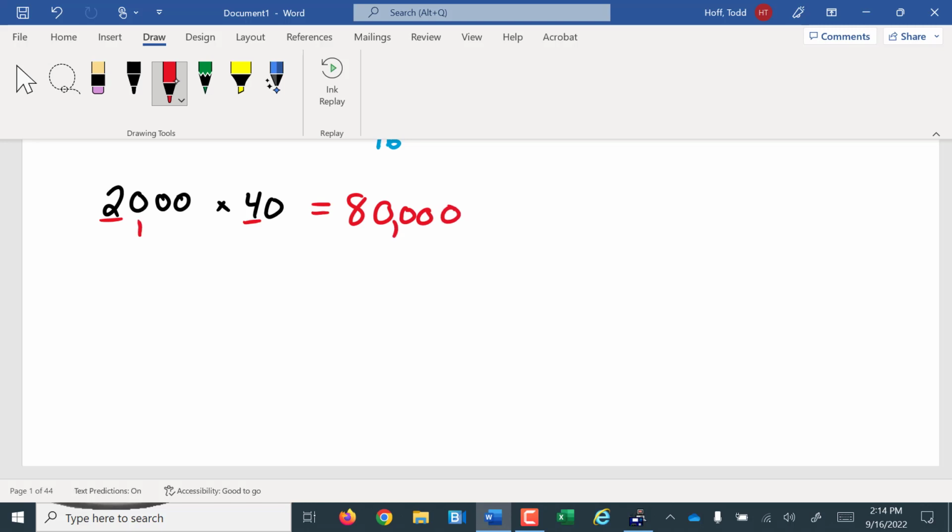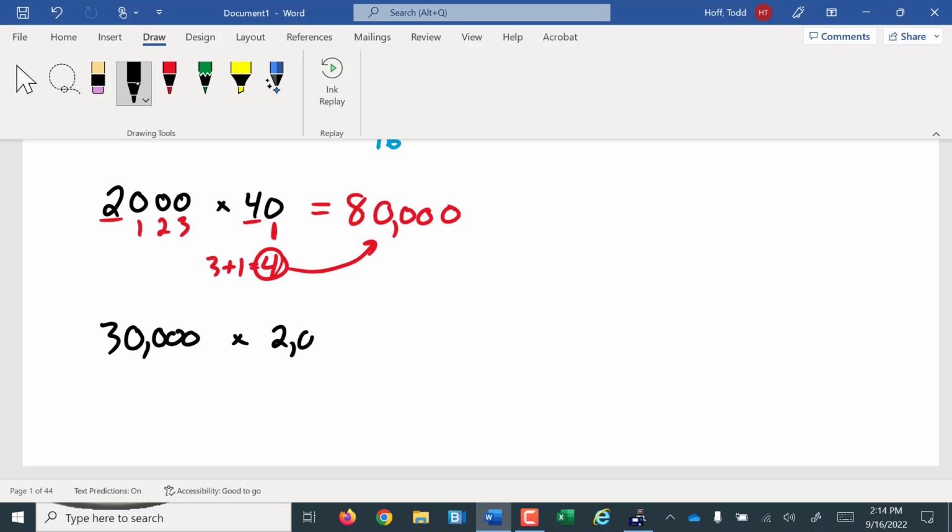We got the 4 zeros because there's 1, 2, 3 zeros here and 1 zero there. We add them together. 3 plus 1 is 4. So we put 4 zeros in the answer, right? So if we have 30,000 times 2,000, that's going to become 6 with how many zeros? 7 zeros. Again, 4 zeros plus 3 zeros makes 7 zeros in our answer.